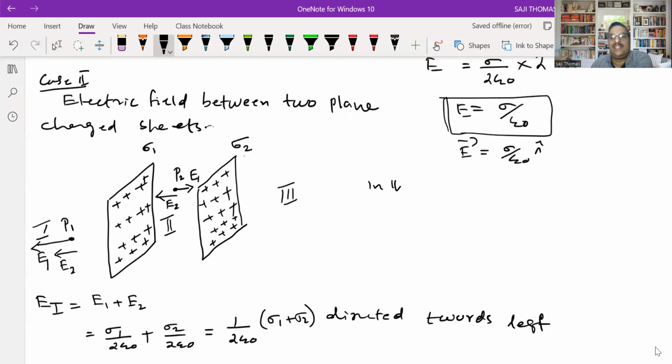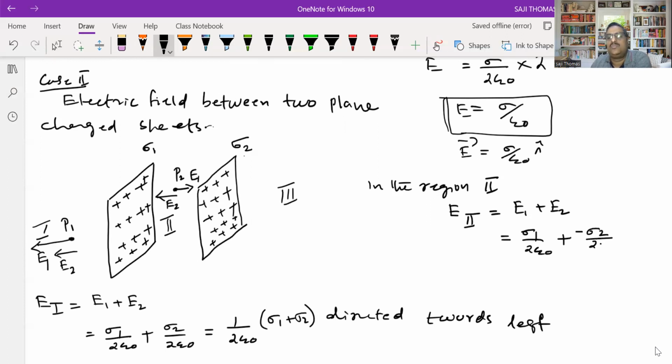So in region 2, what is the net electric field? I am writing it as E2. That is E1 plus E2. What is E1? Sigma 1 by 2 epsilon 0 plus E2. E2 is directed towards left, so I write minus sigma 2 by 2 epsilon 0. Why that minus sign?